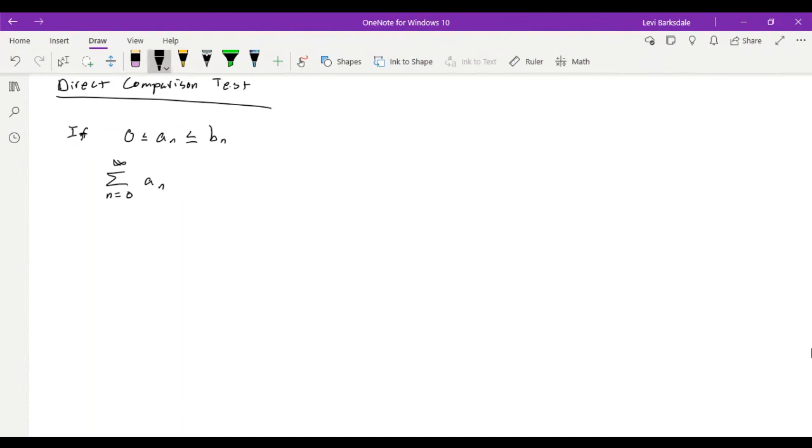your smaller series is going to converge if your larger series converges. And your larger series will diverge if your smaller series diverges.